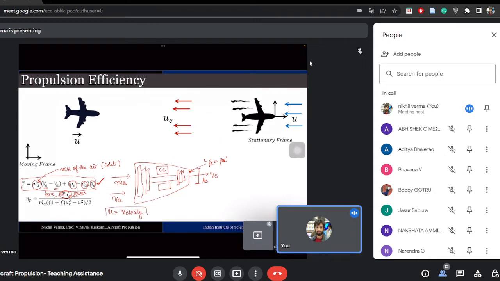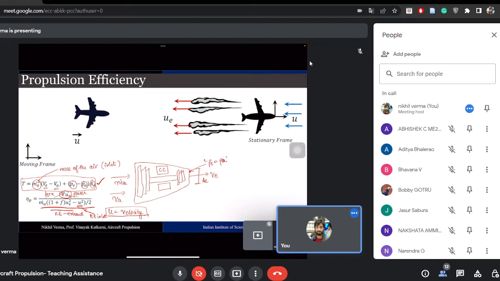So these two quantities represent the propulsion power, and the bottom part, the denominator, represents the kinetic energy of the exhaust, and this term represents the kinetic energy of the inlet. So what amount of kinetic energy change is being transferred to the vehicle? This represents your propulsion efficiency.